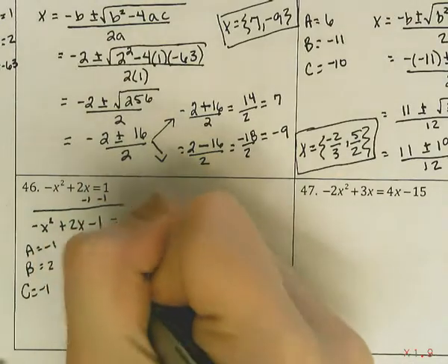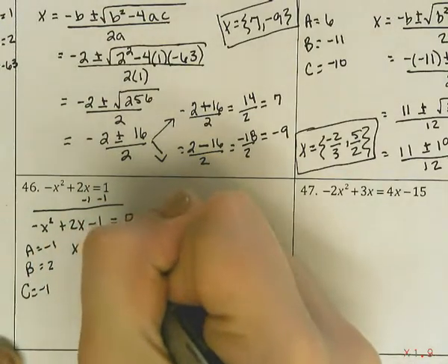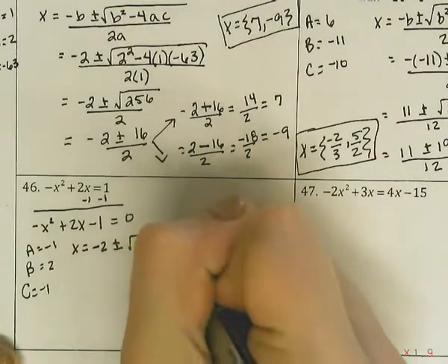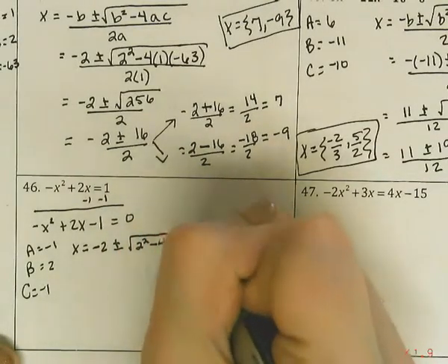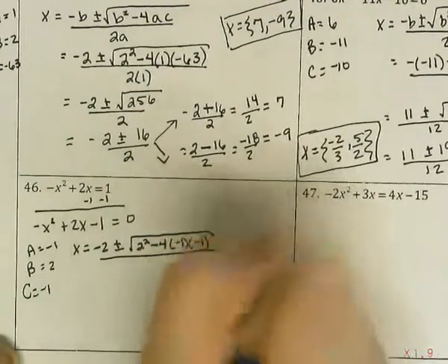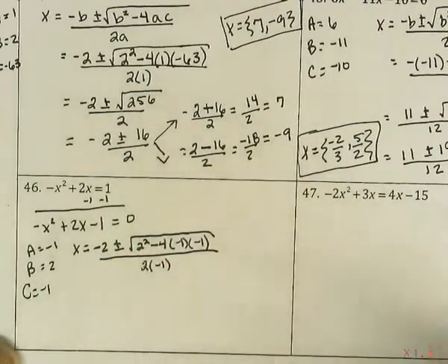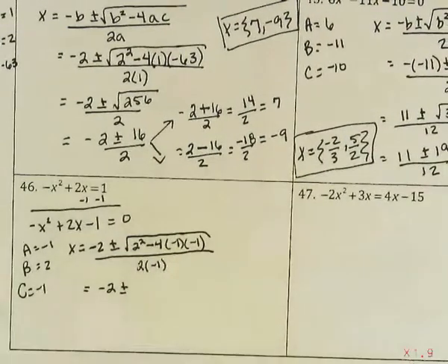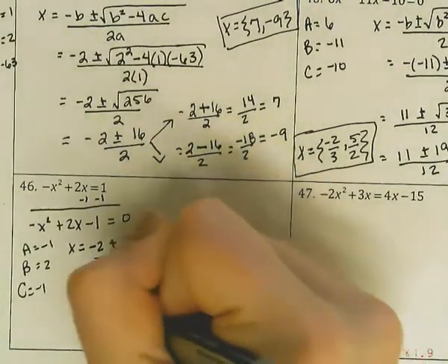So x equals negative b plus or minus square root b squared minus 4 times a times c all over 2 times a. So negative 2 plus or minus 2 squared minus 4 times negative 1 times negative 1. I got 0, so square root of 0 over negative 2.